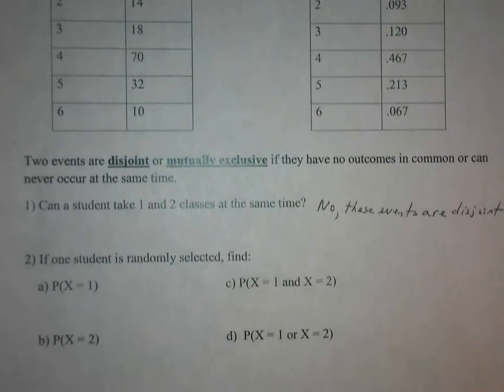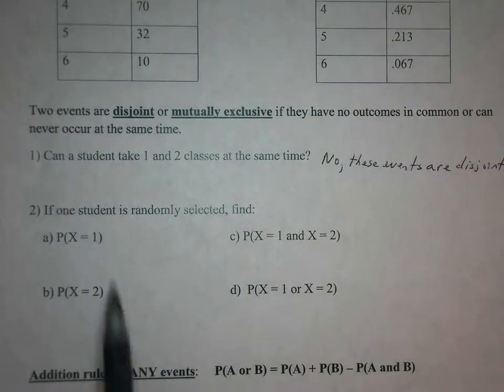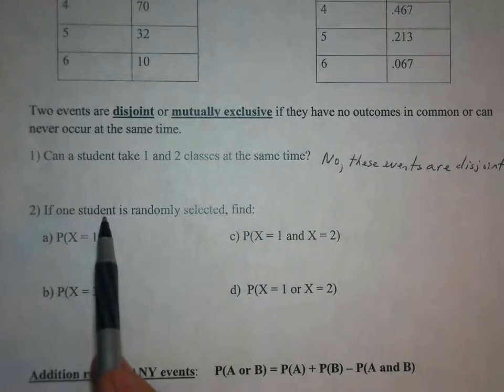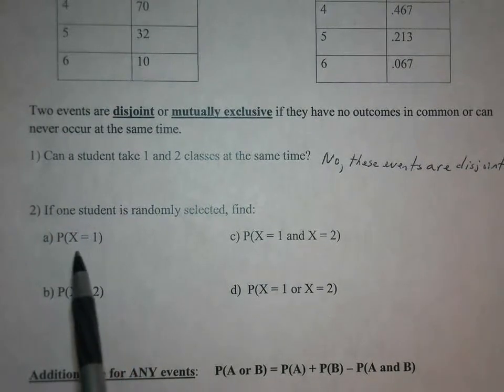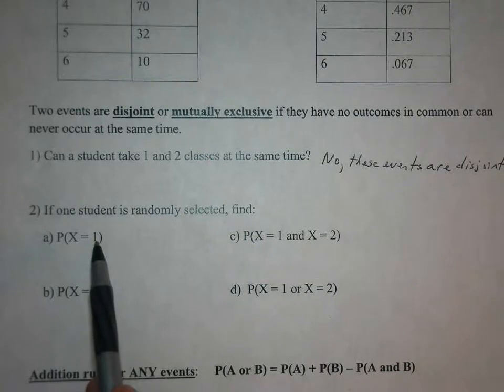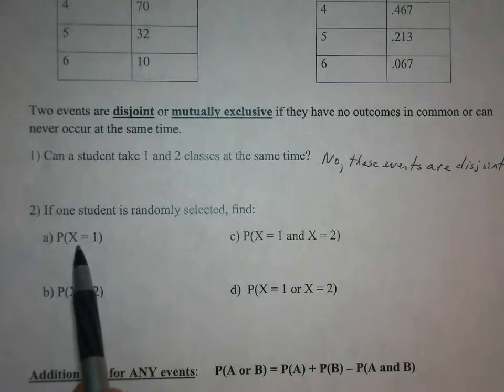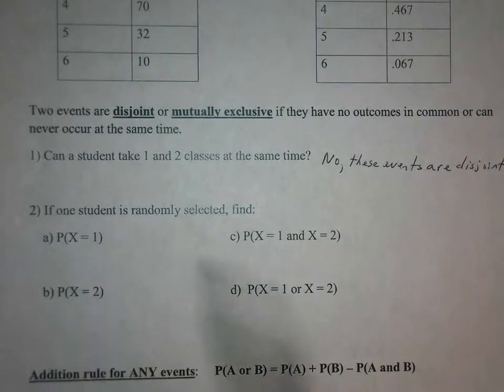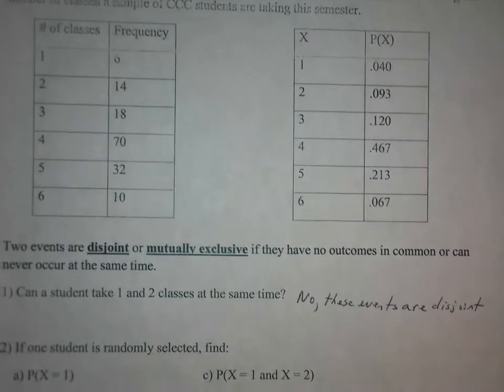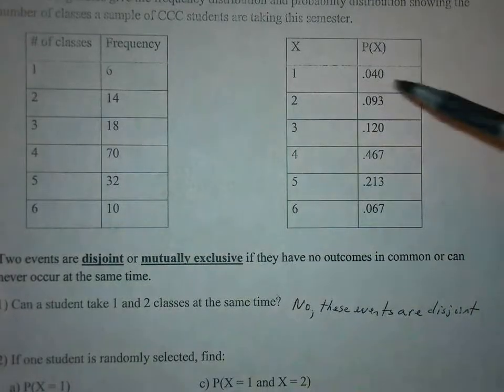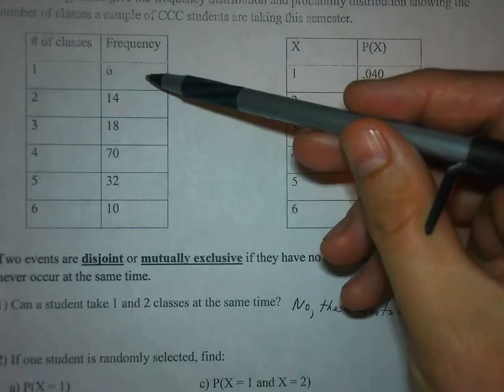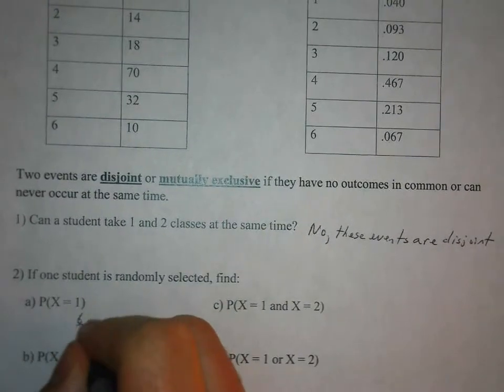Okay, so if we randomly select one student, find the probability that x equals 1. So if we choose one student, the probability that the student said they're taking 1 class, well, the probability that x equals 1 is 0.04, which remember was 6 out of 150.